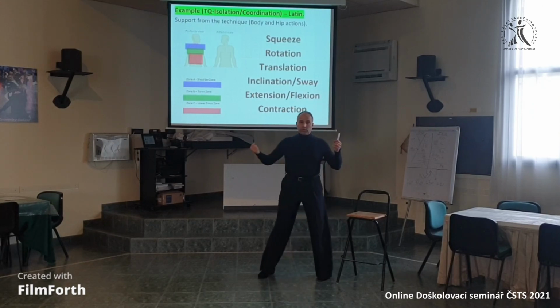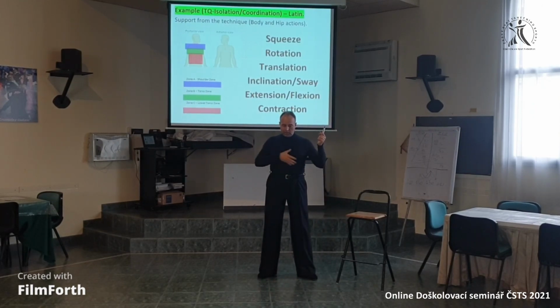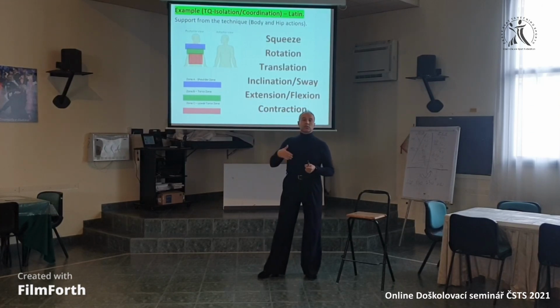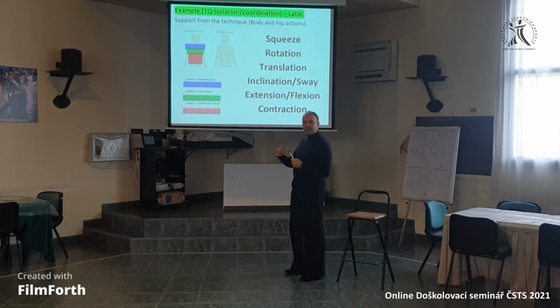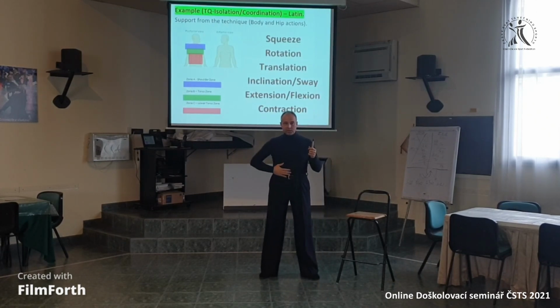Then rotation, very easy. The shoulder and the breast are changing in relation to the hip. That is very useful to introduce turns, for example, to make the movement more soft. Translation I already explained before. This area in relation to the top area displays, the top area displays in relation to the lower area.